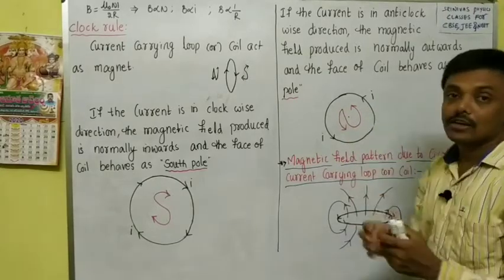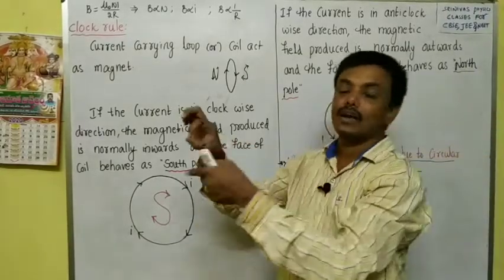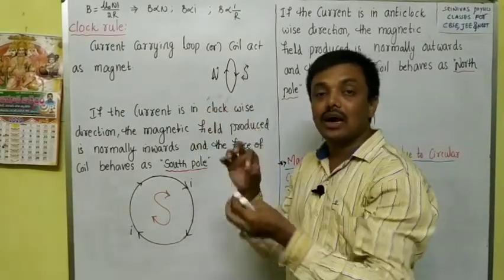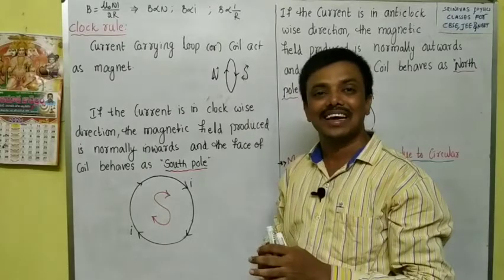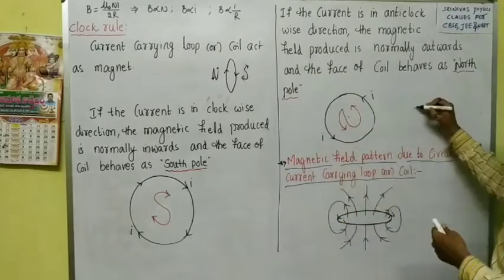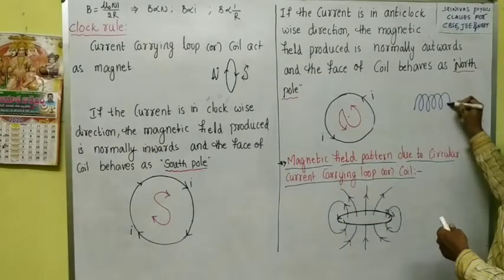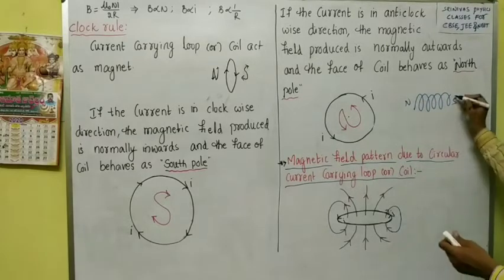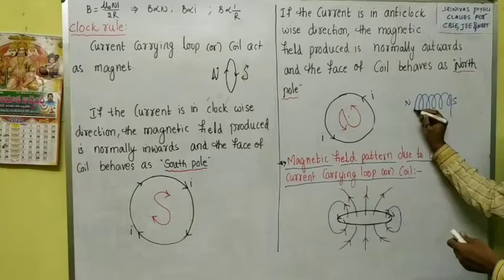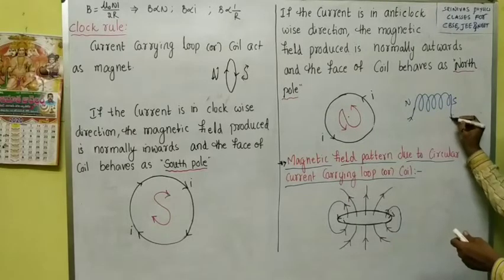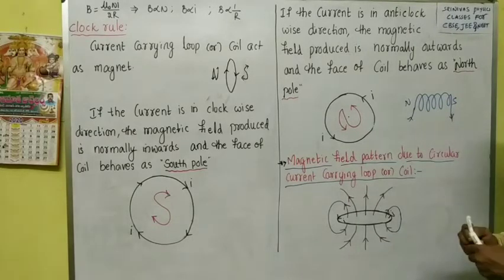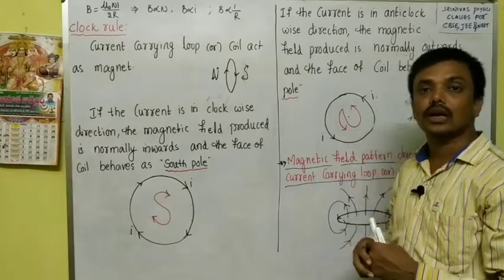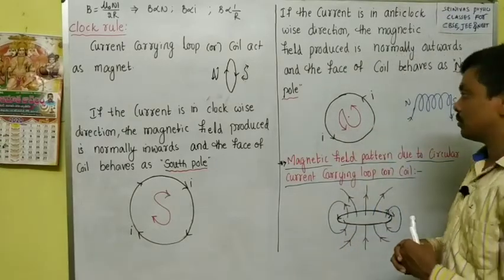Like this, when current passes through a coil, one face acts as north and the other face acts as south, and the current carrying coil behaves like a magnet. We use the Clockface rule to know the south and north poles.